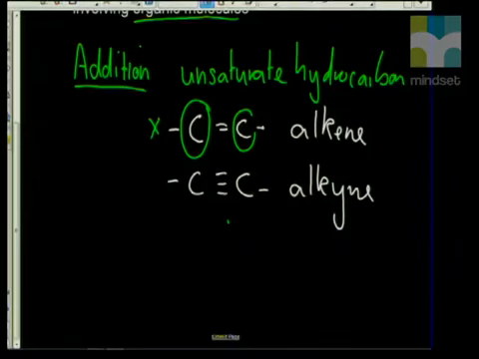It needs to have 4 bonds to different atoms. At the moment, it's only got 2. In the alkyne, it's got a partner over here, let's call it Y, and a partner over there. So it is also deficient. It hasn't got enough partners.